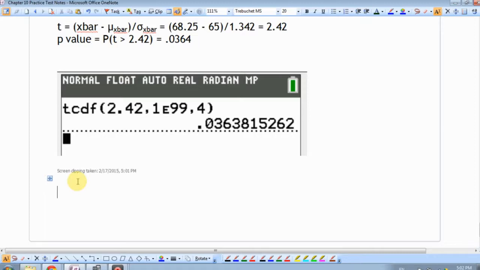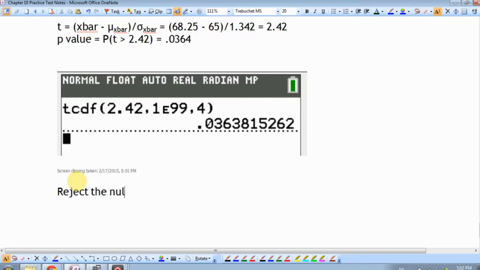So we should reject the null hypothesis, since the p-value is less than alpha: 0.0364 is less than 0.05.